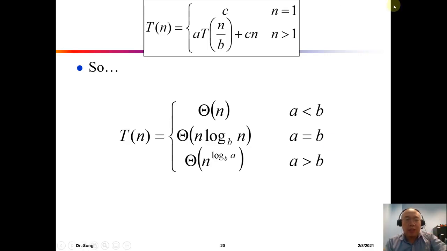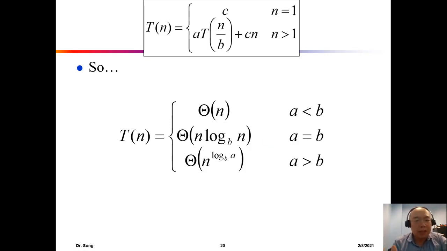Okay, so let's put them all together. In this case, we are trying to solve this recursion. You can have any value as a, b, or c, but there are only 3 possible cases. Number 1, when a is smaller than b, this is a linear algorithm. When a equals b, we have the n log n algorithm, and usually we call that a log linear algorithm.